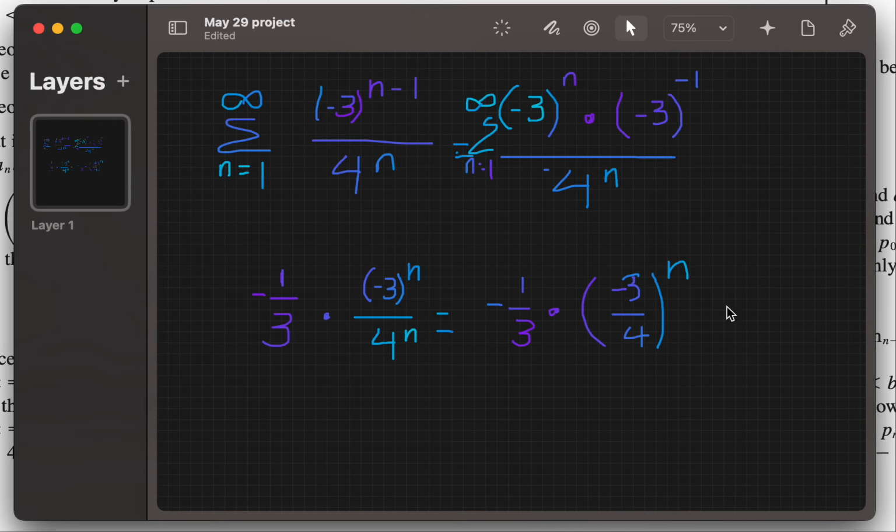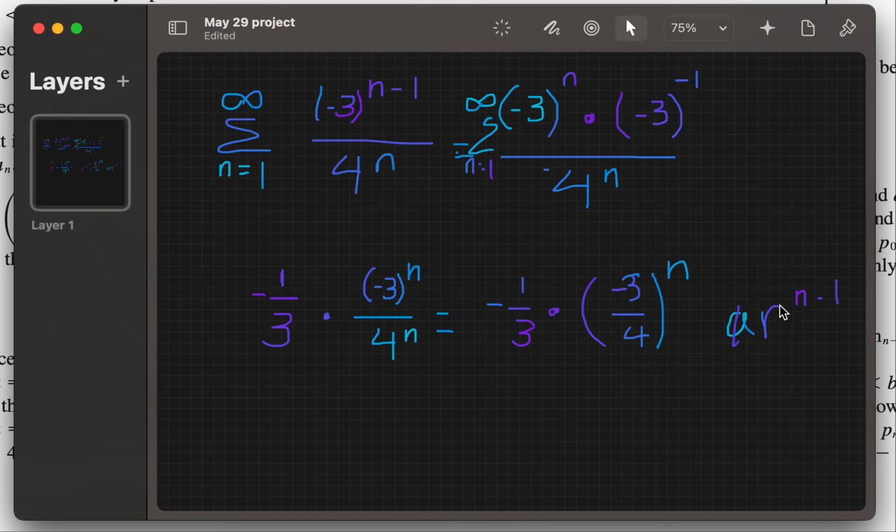And this should look familiar to you because this is following the geometric series form for a r to the power of n minus 1, but we won't have a minus 1 because this n starts at 1.